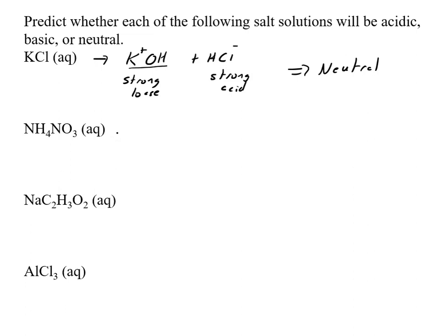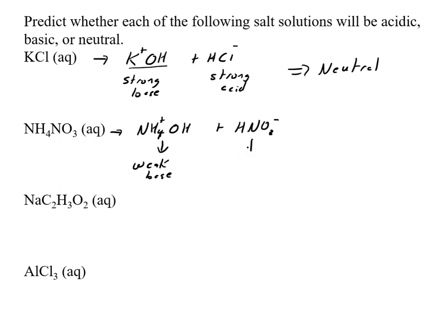For ammonium nitrate, again, I have NH4. NH4 is a cation, so it's going to associate itself with a hydroxide. And I have NO3, which is a negative, and so it's going to associate itself with a positive. And I come down, and NH4OH is a weak base. That was in the example I just gave in the previous slide.